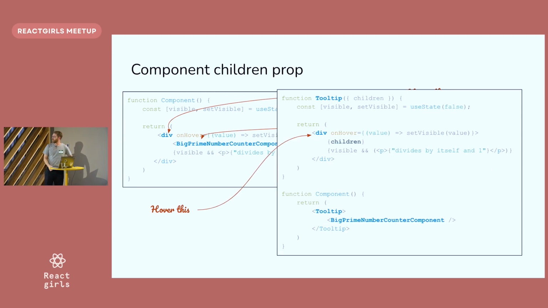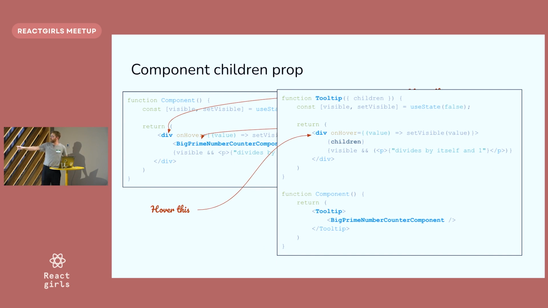But I can move things around. I now have something I called a tooltip, and I just extracted the code from there into a separate component. Now I'm passing a children prop, and I'm rendering the children in the JSX. And if I hover over this div, it's very similar to what was done before, but now I'm composing these components, right?